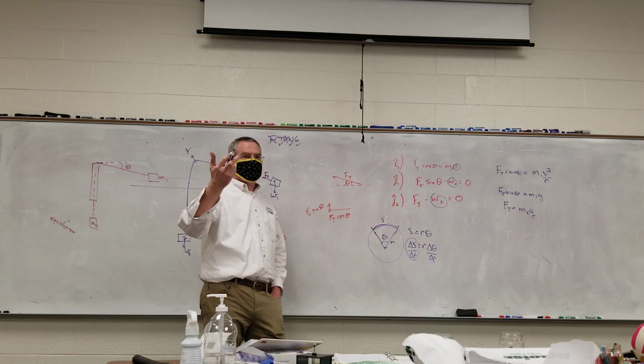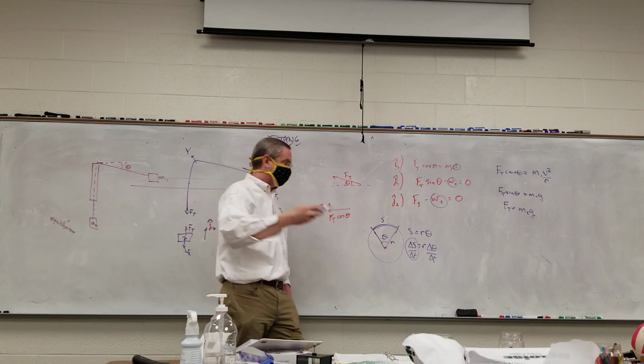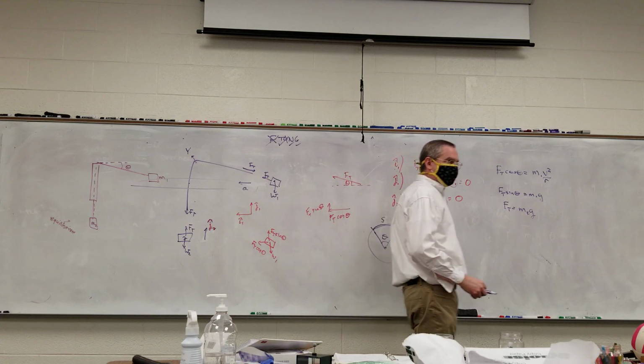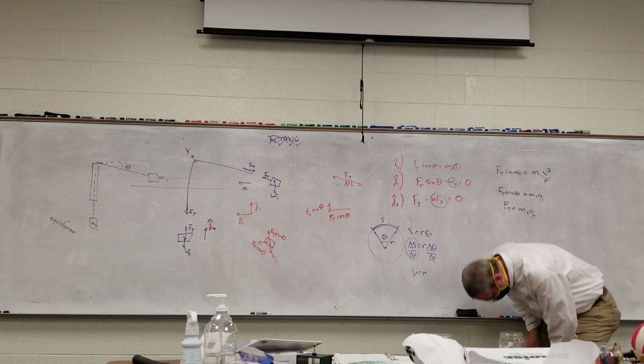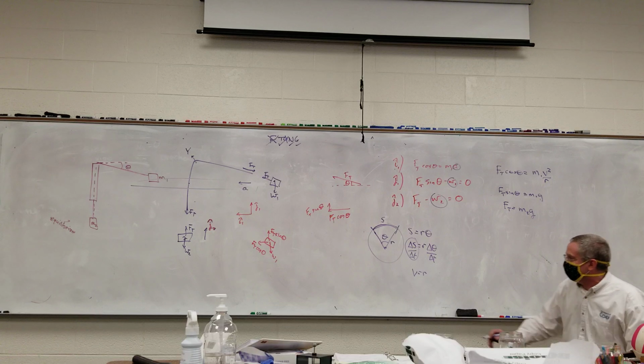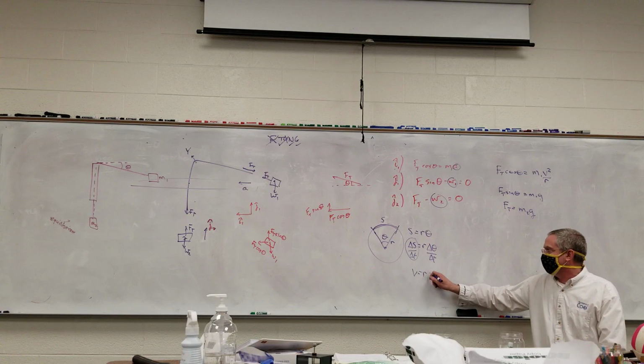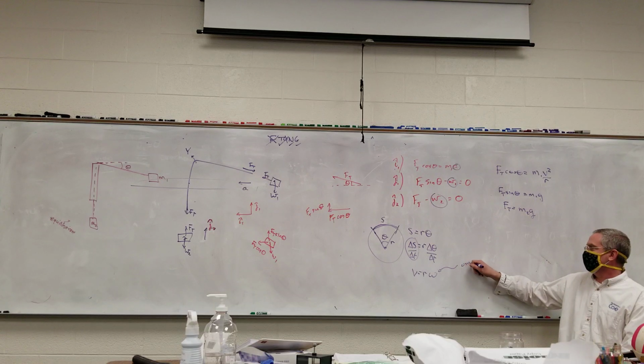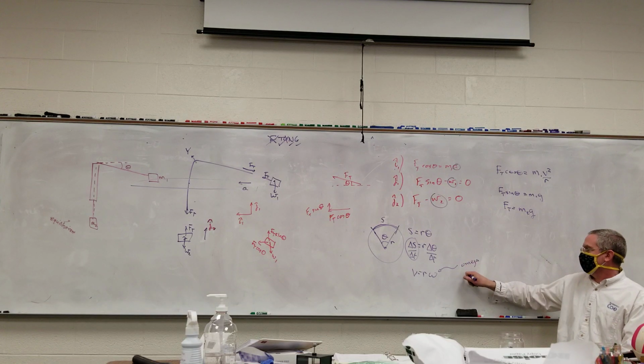So what is distance over time? Speed. Yeah, speed is equal to R times the change in the angle over time, and the angle over time is angular speed. This is an omega, is the letter, and it stands for angular speed.